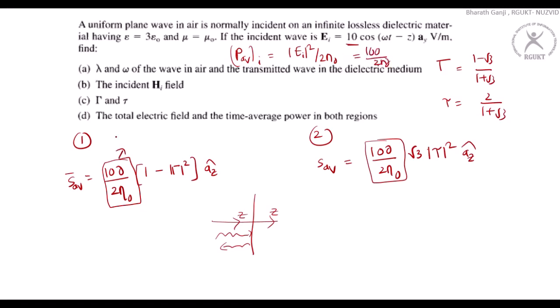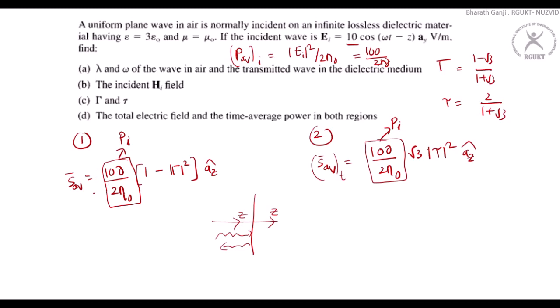This part is the average power of your incident wave. So the time average power of the transmitted wave is the incident power into root 3 into the transmission coefficient squared.